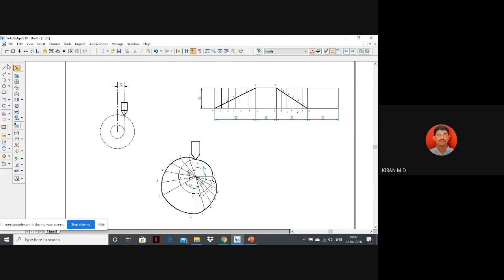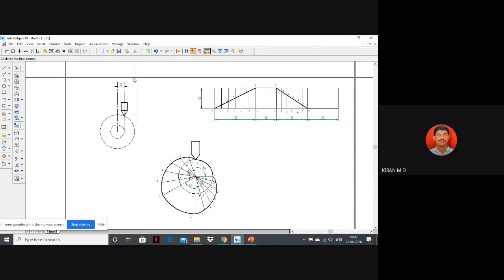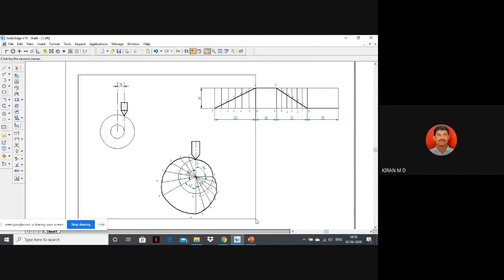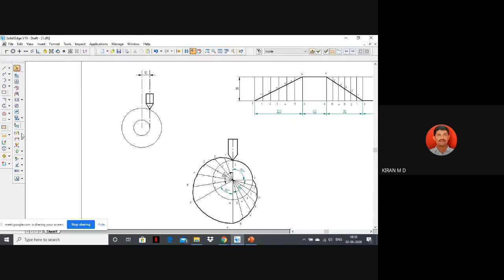I will zoom in on this portion only. Go to the line, and draw the line from this center to this connecting point.